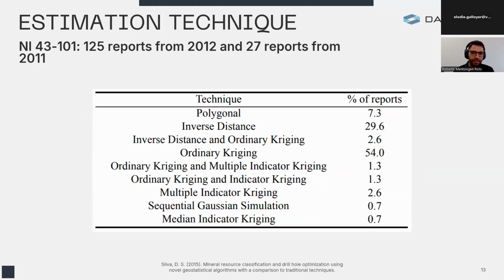In 2015, Diogo Silva, as part of his thesis, compiled data from more than 150 NI 43-101 reports published between 2011 and 2012. And the results show that 54% of the resources were estimated using ordinary kriging, 29% using inverse distance, and only 0.7% using conditional simulation.